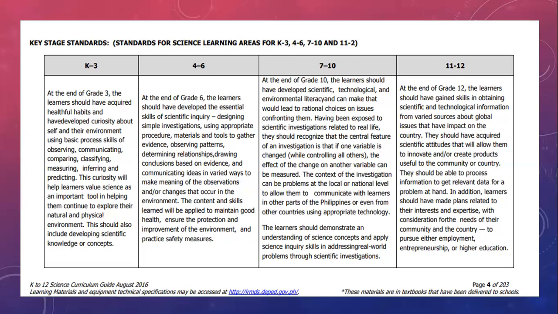This curiosity will help learners value science as an important tool in helping them continue to explore their natural and physical environment. Okay, this should also include developing scientific knowledge or concepts.